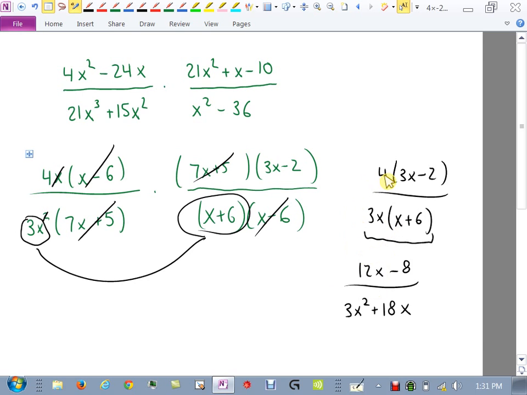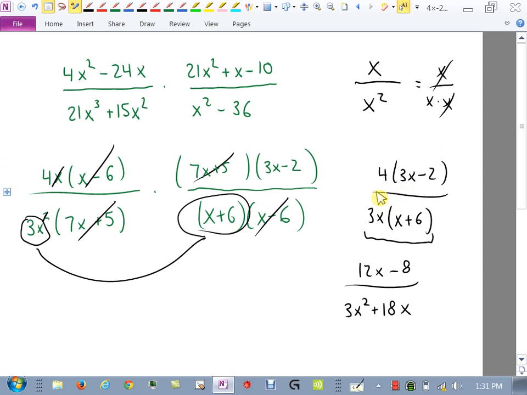But if you're going to distribute the 4 through, which is what you did, right? On the top, you distributed the 4 through, because there was an x squared below it. I had an x on top and an x squared on the bottom, so that's the same as an x over an x times x, and then one of those x's cancels.